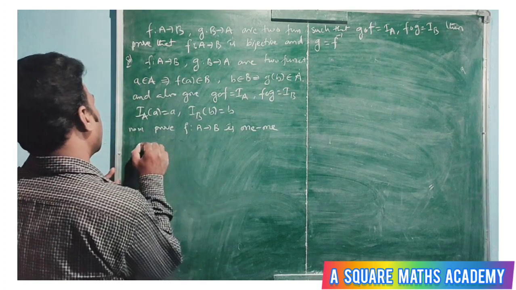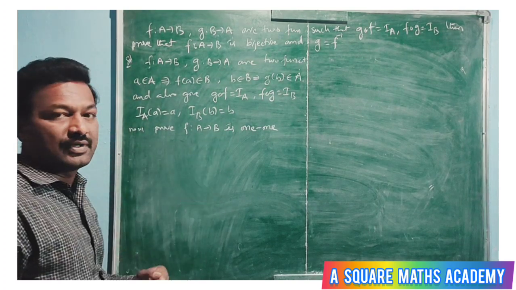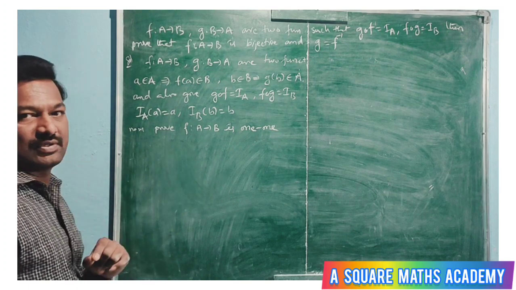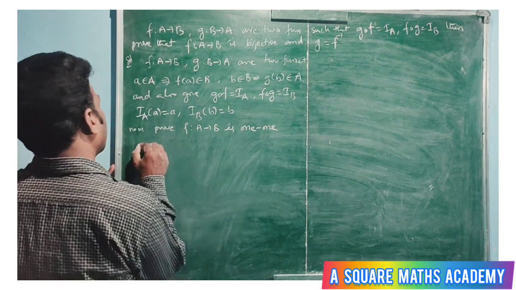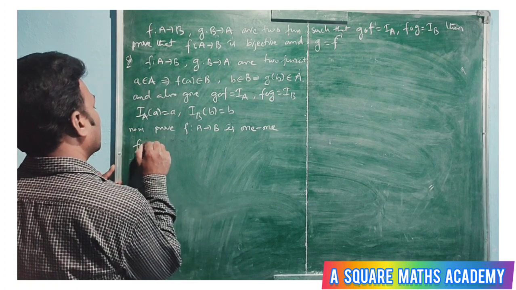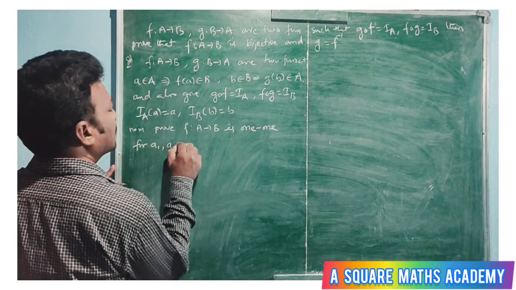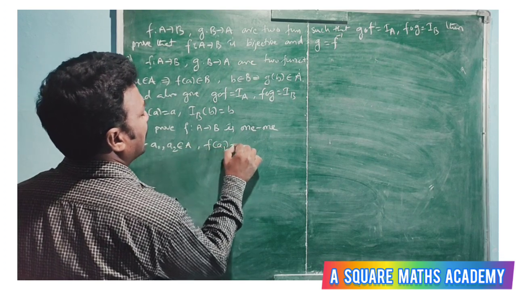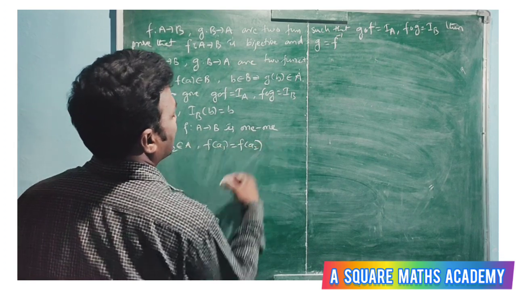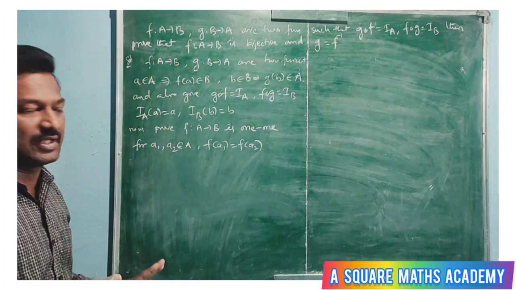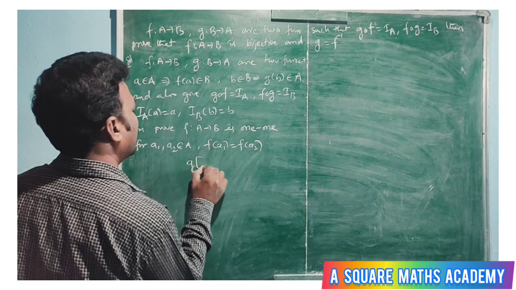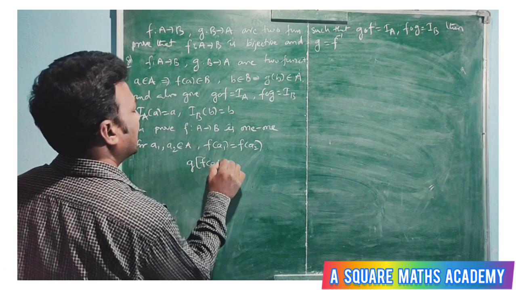So when f: A to B is one-one, f of a1 equals f of a2 implies a1 equals a2, then f is one-one. So for a1, a2 belonging to A, we take f of a1 equals f of a2. Then on both sides we apply g.